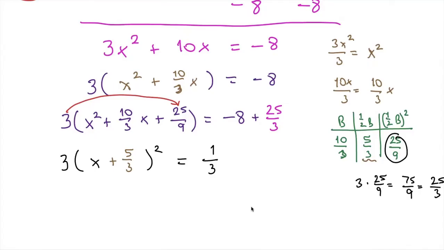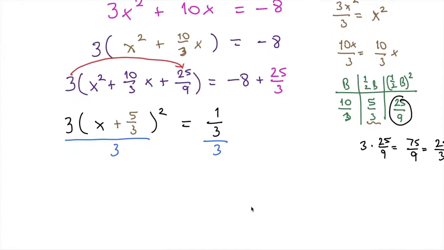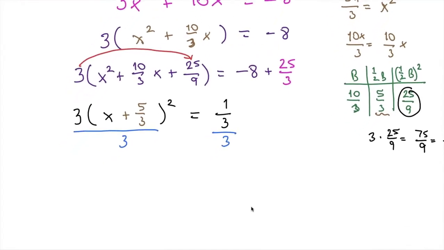All right. So now we have our parentheses squared. Now we need to move the 3 that's on the left side outside that parentheses. We do that by dividing both sides by 3. So basically, it's 1/3 divided by 3. I know it looks kind of weird, but what that means is we're going to have x plus 5/3 squared, and on the right side, 1/3 divided by 3.